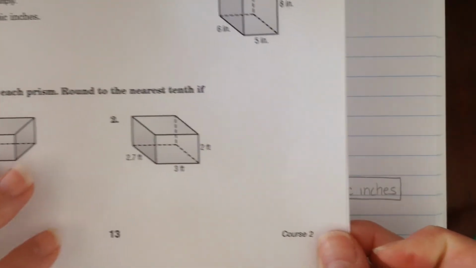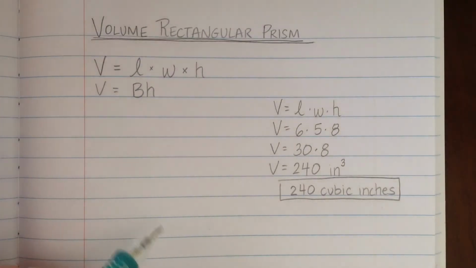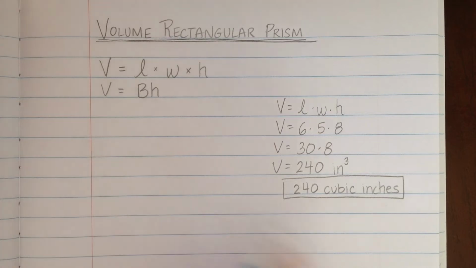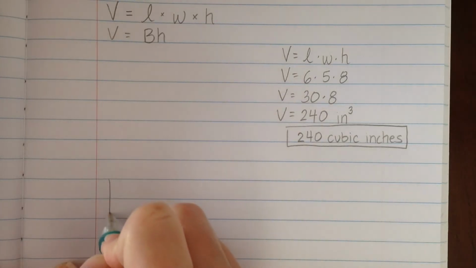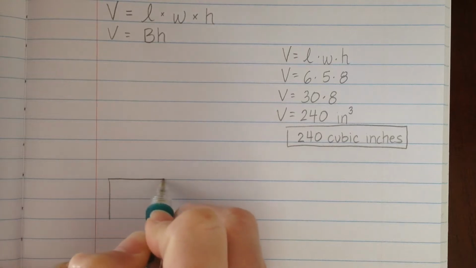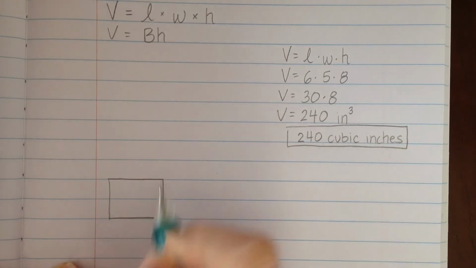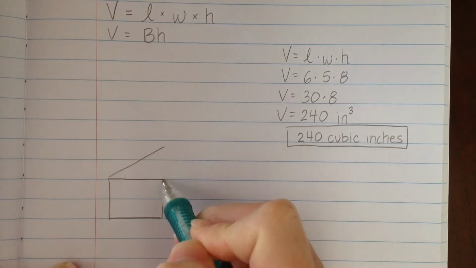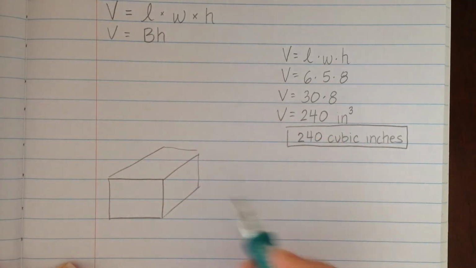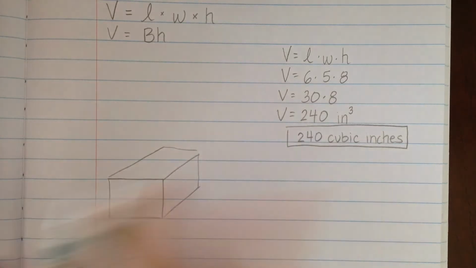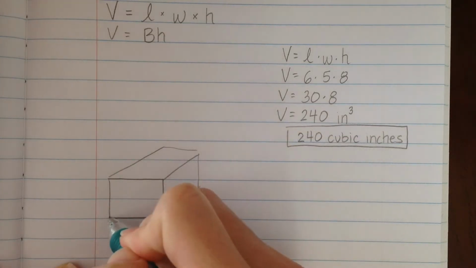I've got this shape right here. Let me see if I can sketch this out here. I'm usually not too bad with these. Okay, that's not bad. I'm going to skip the dotted lines on the inside to make it look three-dimensional.